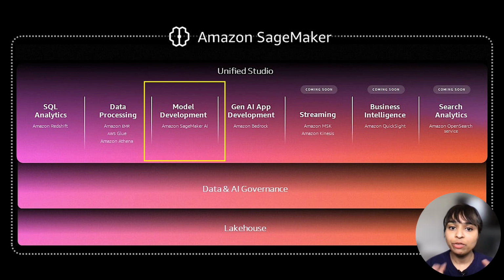Bottom line, if you're just building the models, which we will be doing, you'll be using the SageMaker AI service. But if you want to manage everything from raw data to sharing polished results, Unified Studio is your new research playground. So these are some of the interesting changes that happened recently on SageMaker, which is much better for us, especially because it lets us do everything under one environment.